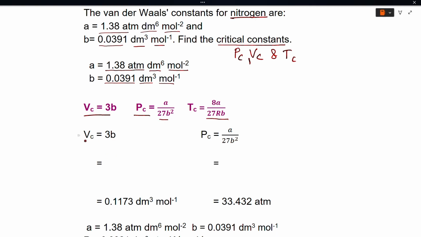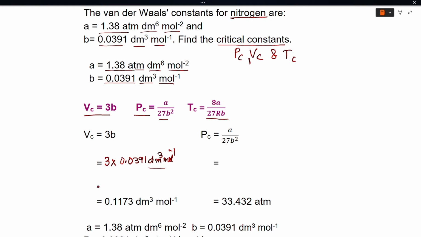Now, we know that Vc is equal to 3b, the value of b is known. So, 3 multiplied by 0.0391 decimeter cube mole inverse. Just multiplying, so there will not be any change in the unit.